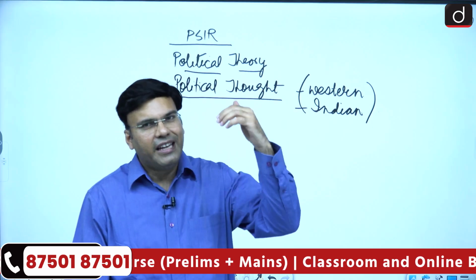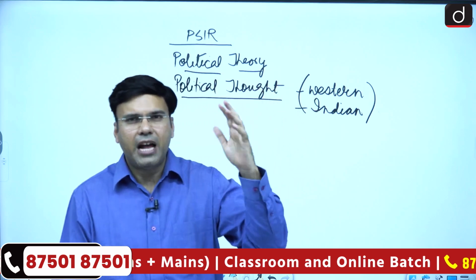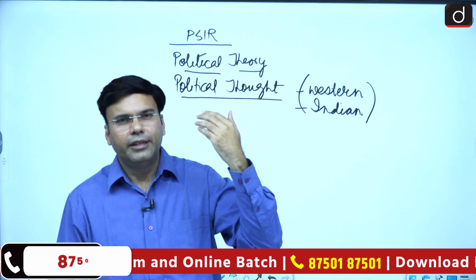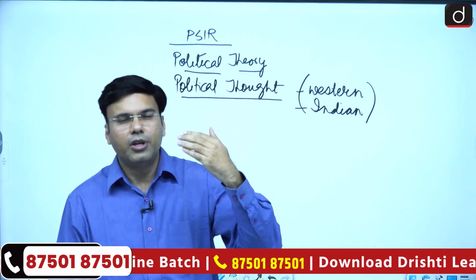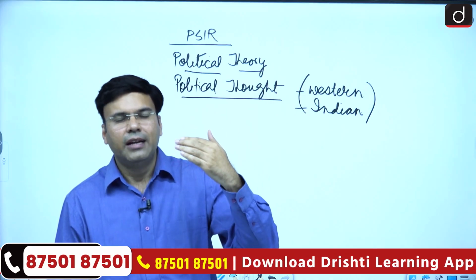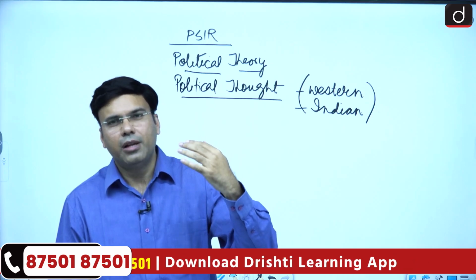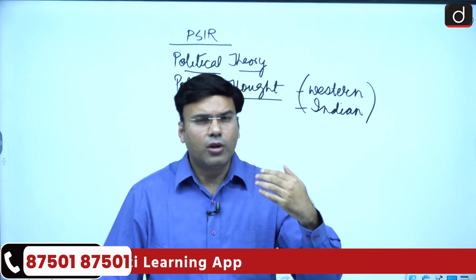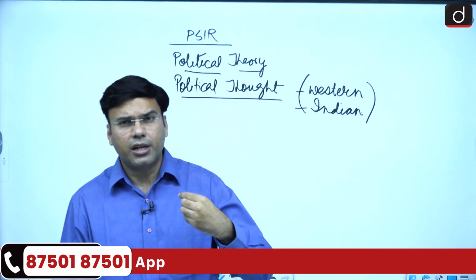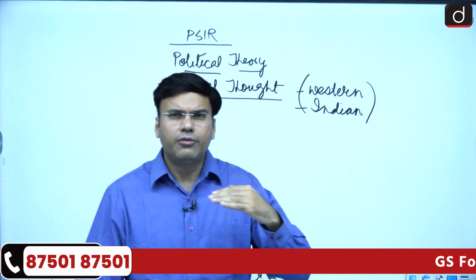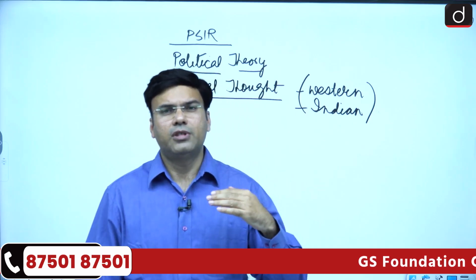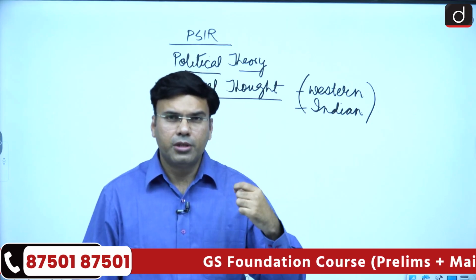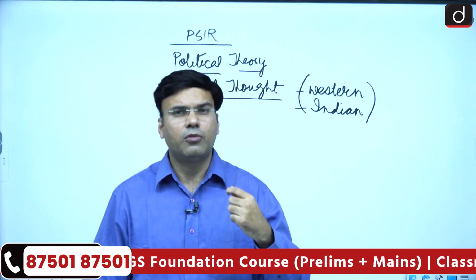Starting from the ancient era, we have Aristotle, we have Plato, then Machiavelli, and then we read Locke. Then, if you move further, we enter the modern phase, and we read people like Mill. There is Thomas Hobbes that one has to read, and then there are scholars like Gramsci, Hannah Arendt. So it's a long list of Western political philosophers that one has to read, not discounting a very, very prominent political philosopher in the form of Karl Marx.